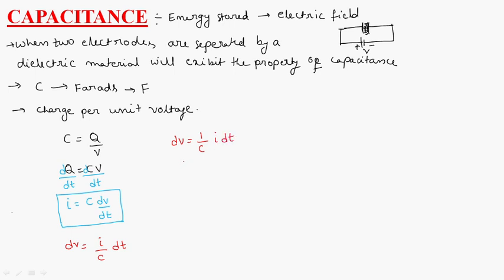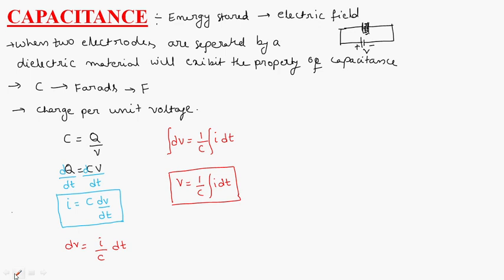To get the voltage we have to integrate both sides with respect to t, and we get V is equal to 1 by C integral I dt. This is the formula for the voltage across the capacitor.